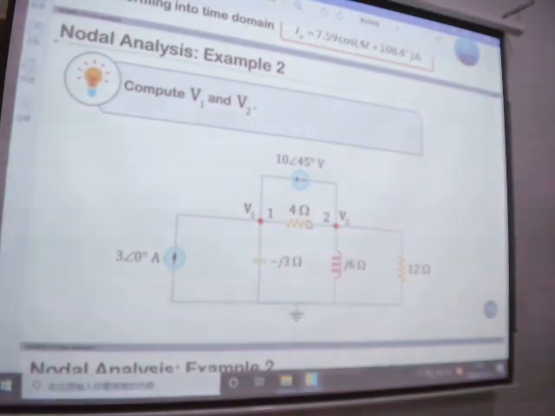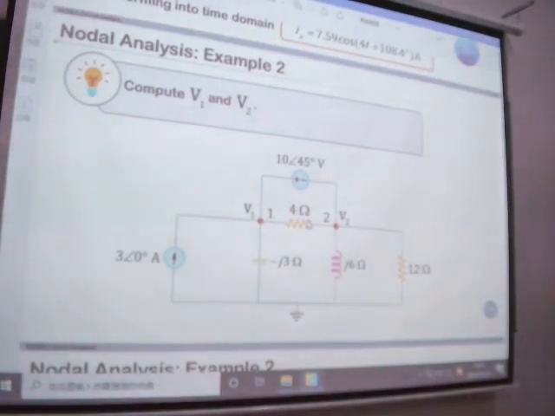So now we're going to calculate Y11, Y12, Y21, and Y22. Clear? If you're confused, don't worry.